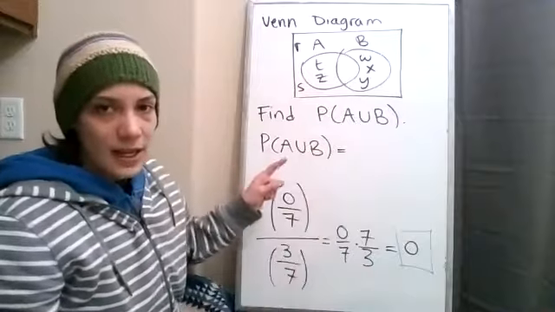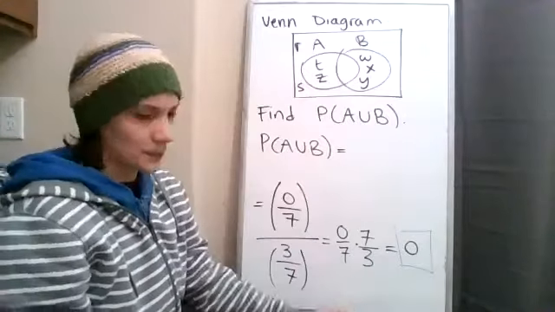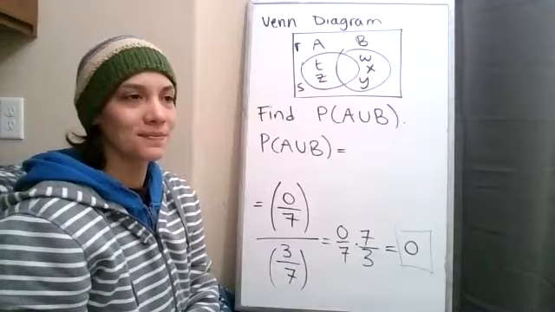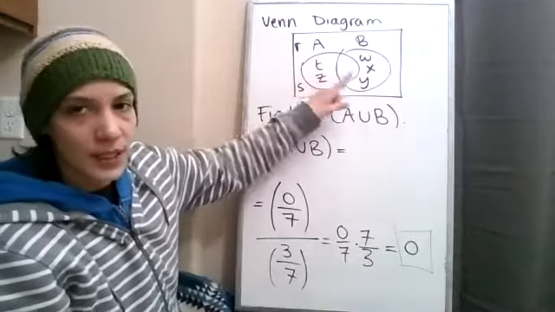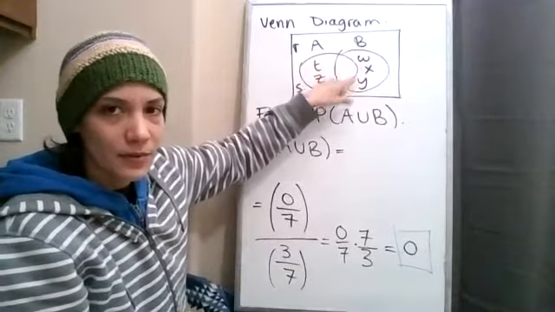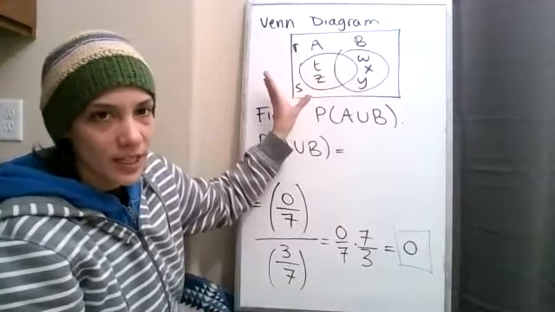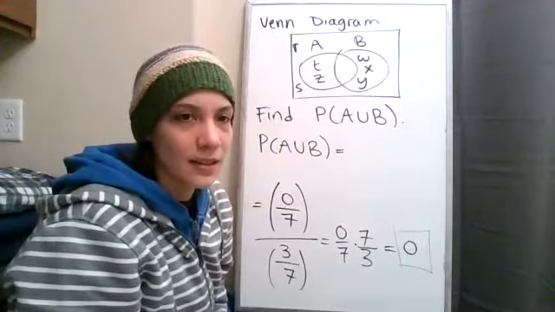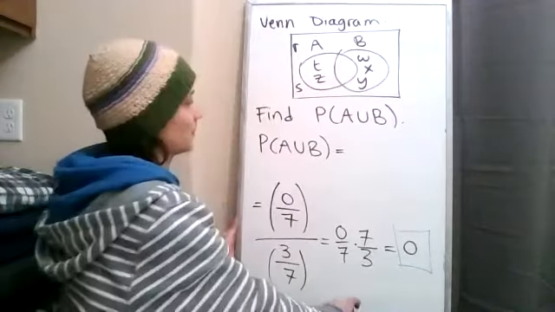All right, A union B. Both sets will have 1, 2, 3, 4, 5 outcomes out of all 7.